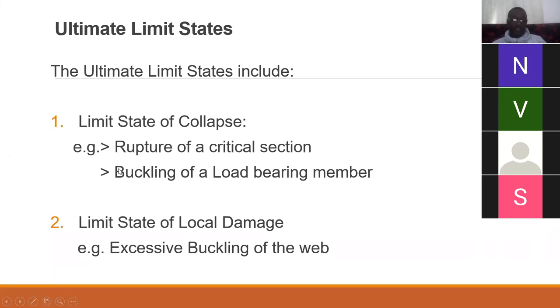The first one is the overall buckling of the whole section, but local damage involves, for example, an excessive buckling of the web section, whether in an H or an I section. Again, this also has a direct relationship with the strength of the structure.